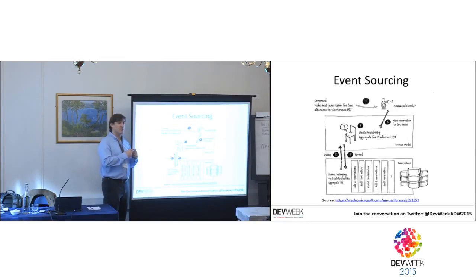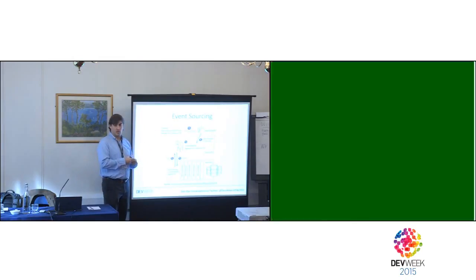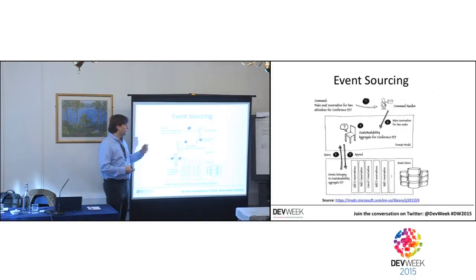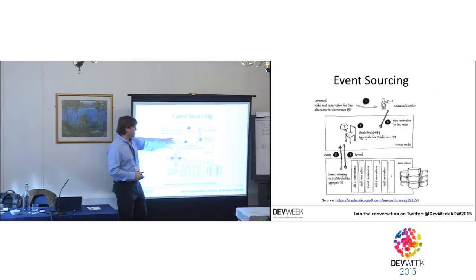A command is normally a message in a queue that says, for example, seat reservation, and inside it has 2 attendees for conference 157. Then this is picked up by a specialized command handler, the seat reservation command handler. It only takes care of that and doesn't care about anything else that goes into that queue.